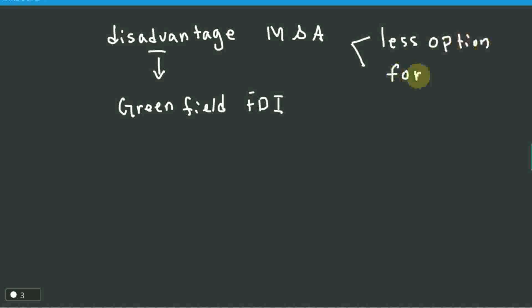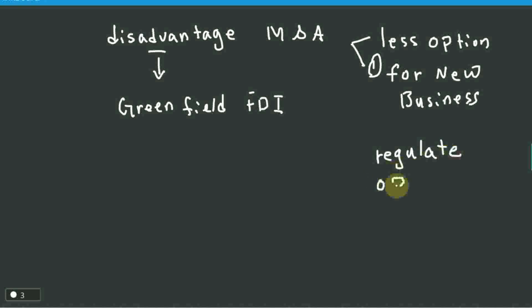Fewer options for a new business. And also, you need to regulate opinion with your partner, because merging means that you acquire an existing firm, then the existing firm has its own management and labor union, right?